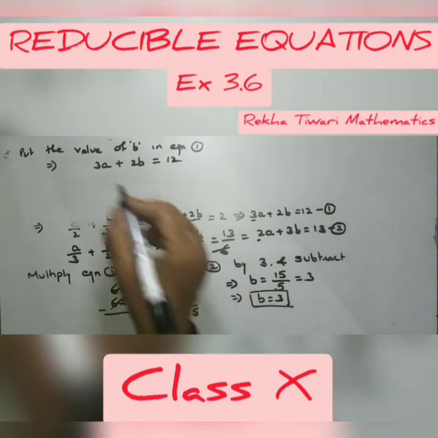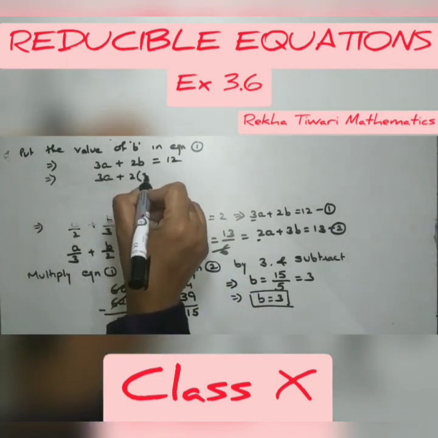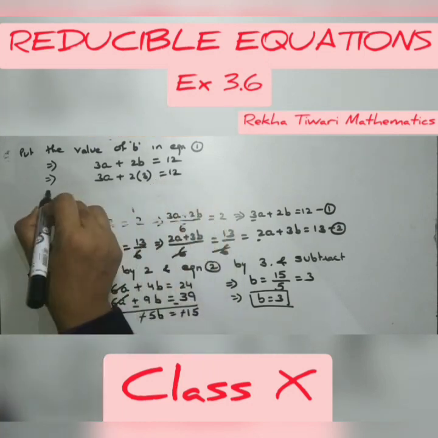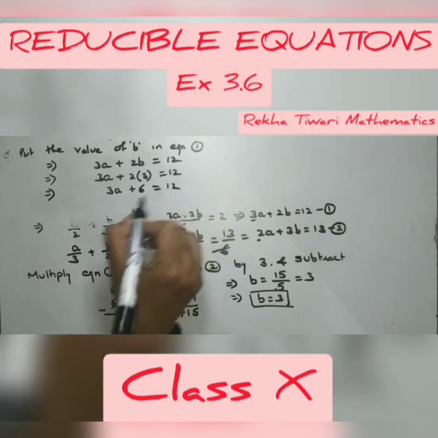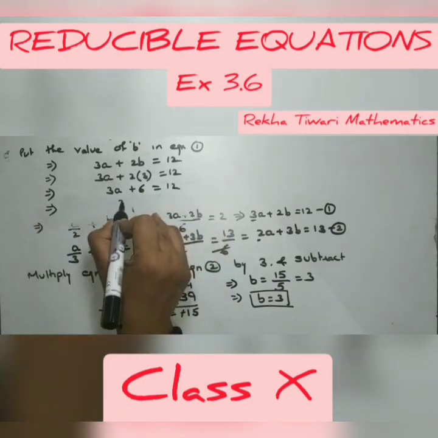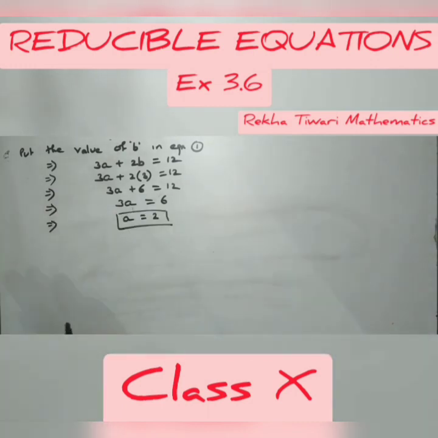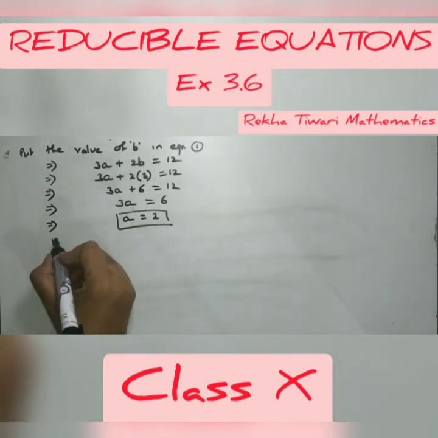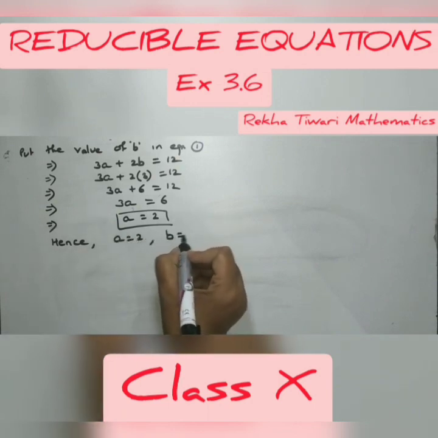Now if I put b equal to 3, this changes to 3a plus 2 into 3 is equal to 12, which is nothing but 3a plus 6 is equal to 12, which implies 3a is equal to 6. So you get a is equal to 2, hence a is 2 and b is 3.